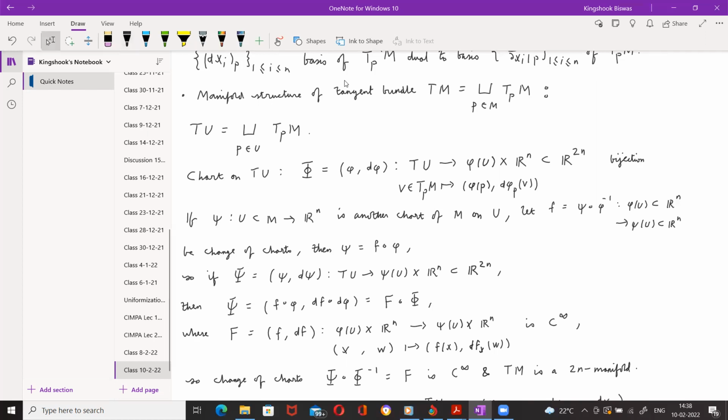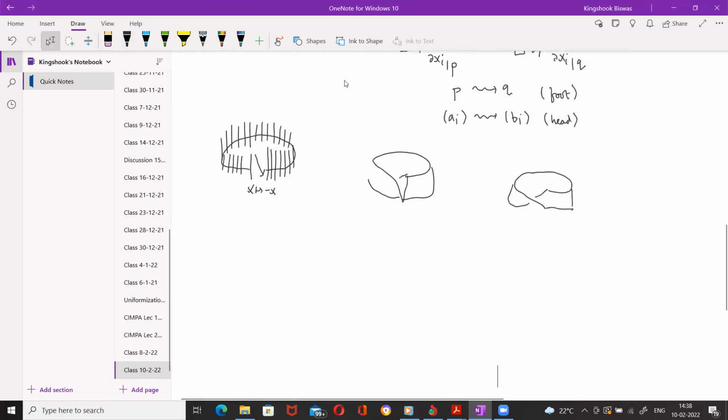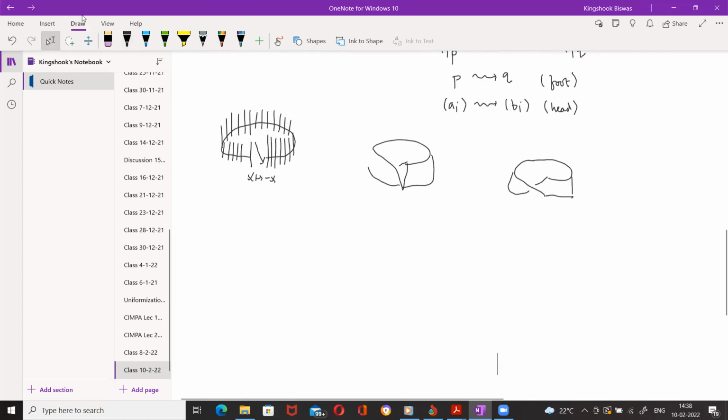Okay, so what is a smooth vector field? We said that a vector field was a map X from M to TM, which is actually what's called a section of this vector bundle. What that means is for each point below in the base, you choose a vector in the fiber above.